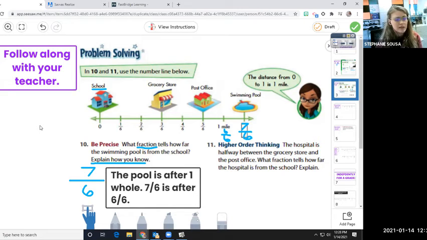That's how we know that it is bigger, that the numerator is larger than the denominator. Any questions on that one?